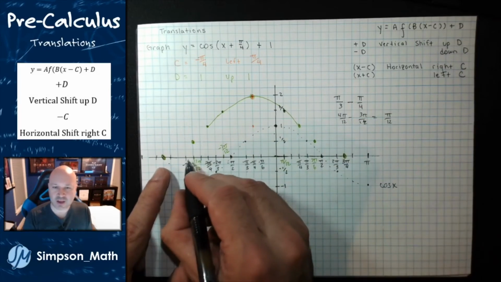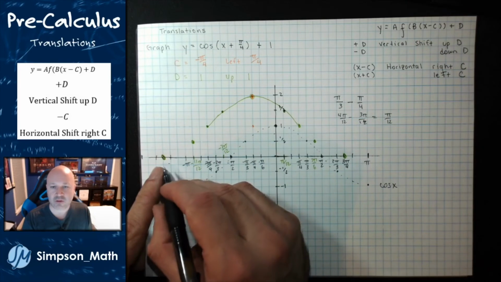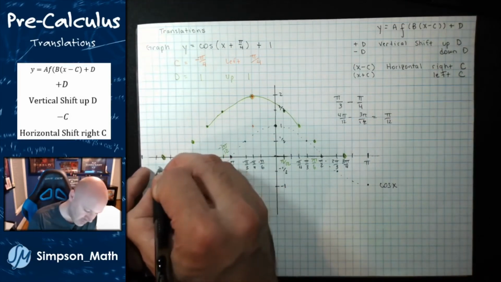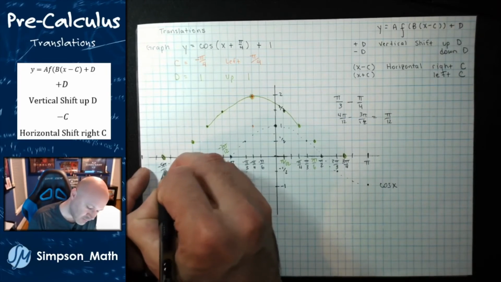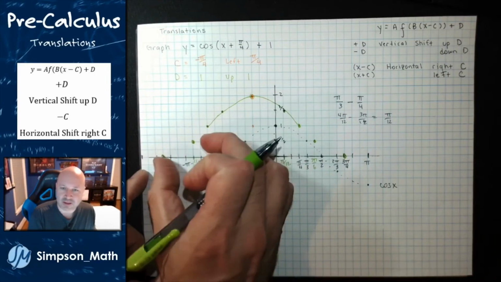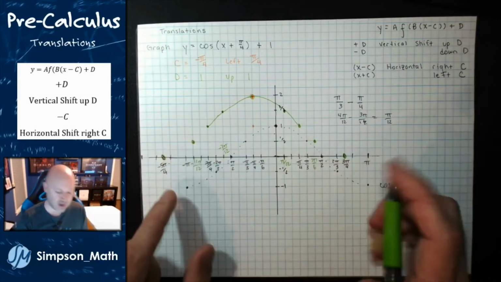This one, if I just count, skip 6, it's the next fourth. So neg 3, neg 4, neg 5 pi fourths. And this has that curvature, like if this curve is concave down, what I'm about to graph is concave up.